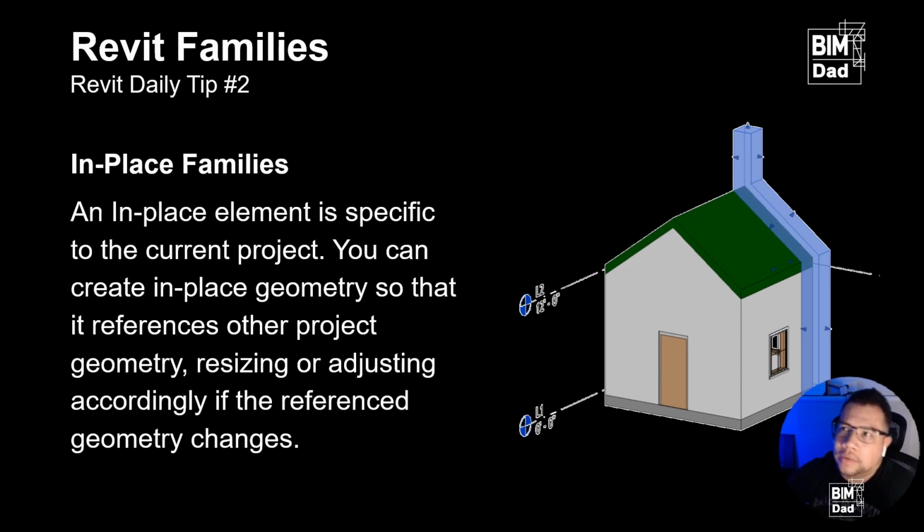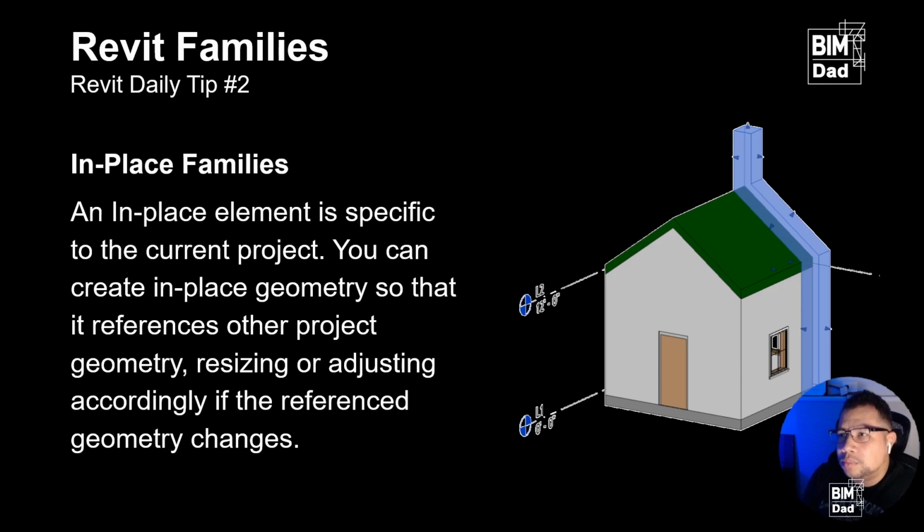And then you have in-place families. They are unique families that you can model within a project. These families do not exist outside of the project, so if it's something that you plan on using in other projects, I highly recommend making it a loadable family.